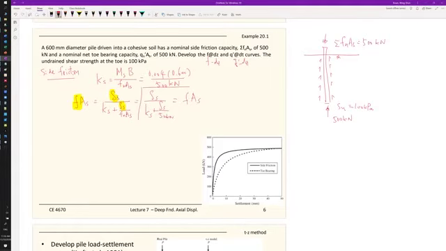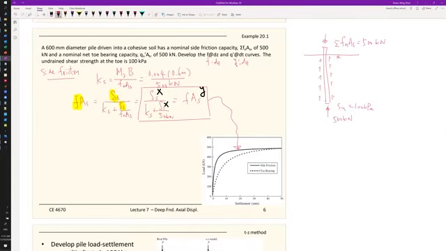So pretty much this is the equation that we are looking for to describe the settlement curve for the side friction. If you plot this up, which is this curve here, this is your y-axis, this is load, and this is your x variable. So it's a hyperbolic curve that we discussed before. So this is the side friction.